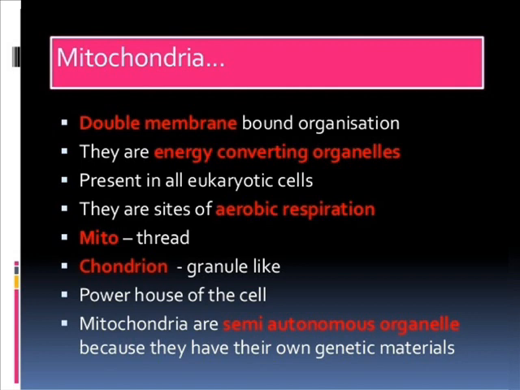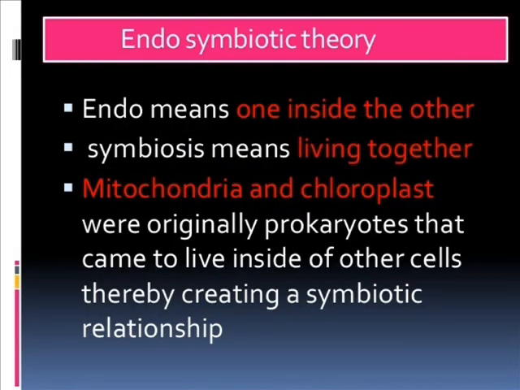Mitochondria are semi-autonomous organelles because they have their own genetic material. There are two hypotheses about the origin of mitochondria: endosymbiotic and autogenous. The endosymbiotic hypothesis suggests that mitochondria were originally prokaryotic cells capable of implementing oxidative mechanisms that were not possible for eukaryotic cells. They became endosymbionts living inside the eukaryote.